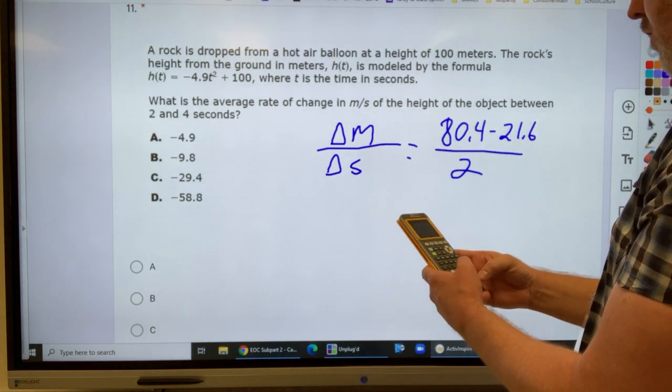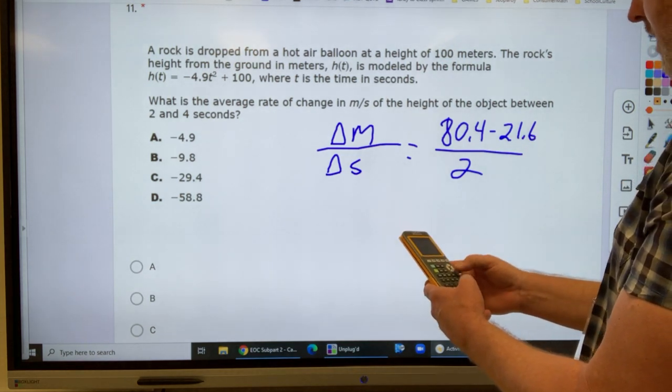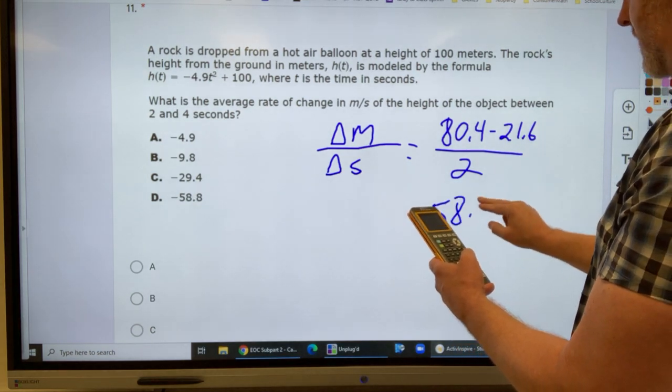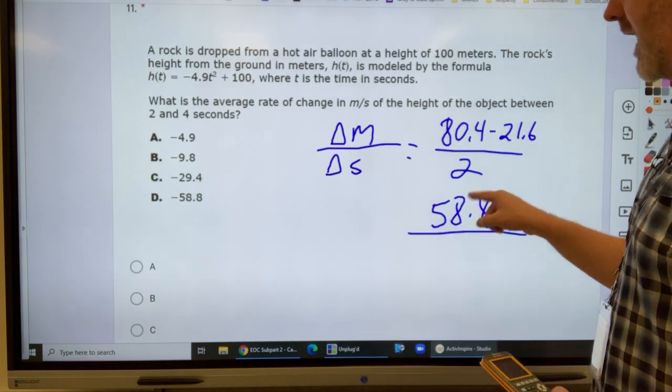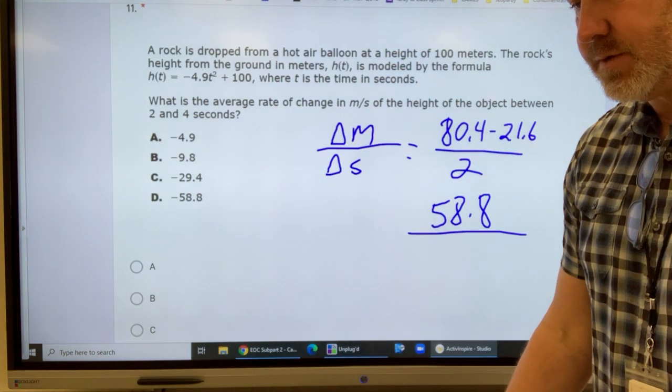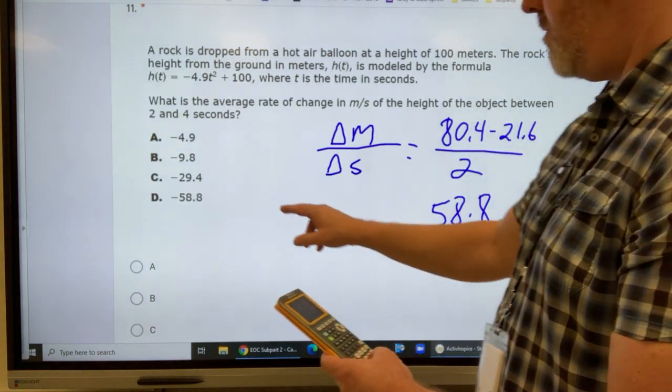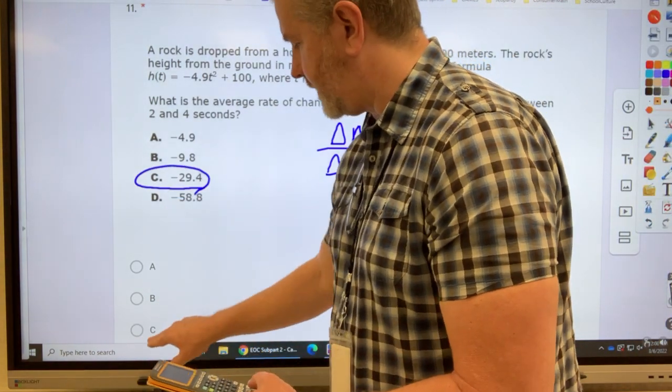Go grab that 80.4 minus the one above it. 58.8 is how far it went in that 2 seconds.